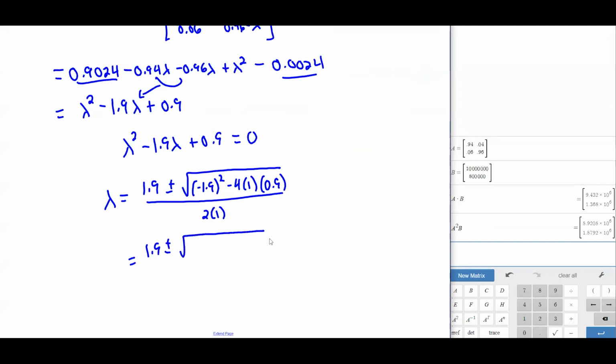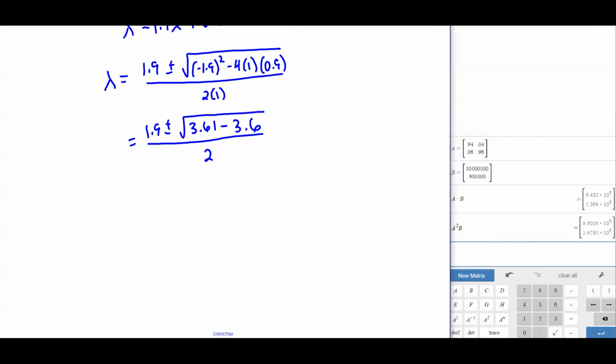Just got to do all of our calculations correctly here. And the square root of 0.01, that should be 0.1. So this did factor. I just didn't give myself time to figure it out.